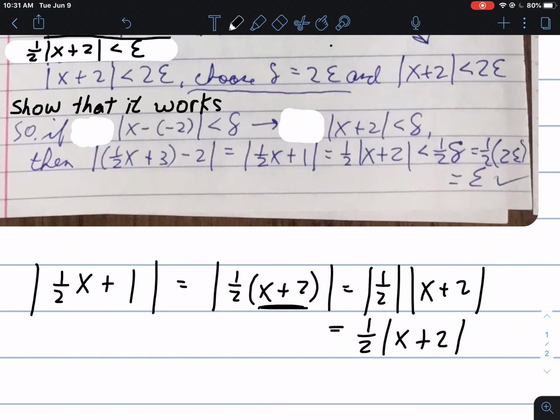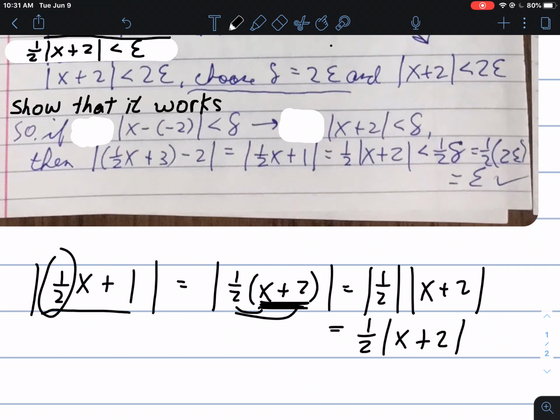So if you factor 1/2 out of this, you will end up with x plus 2. If you don't believe me, redistribute. That would give me 1/2 x plus 1/2 times 2, which is 1. So you factor off this coefficient, and that will leave you with the statement that you need here.